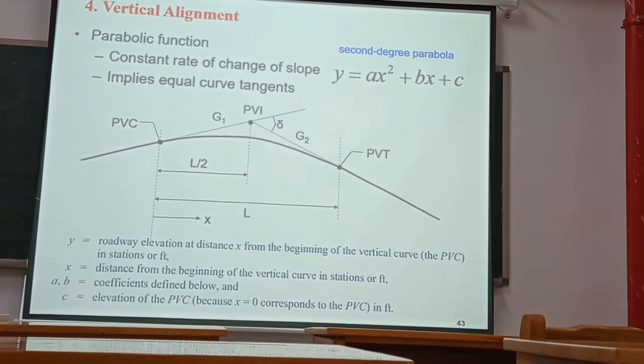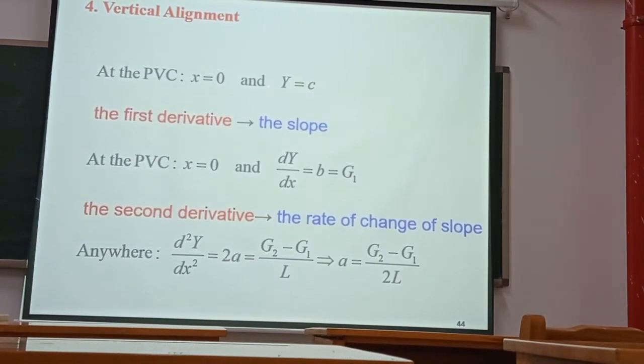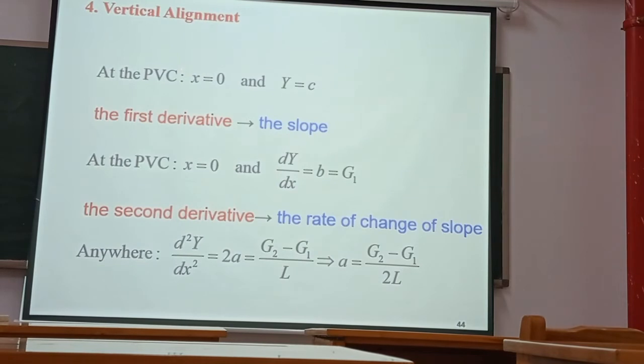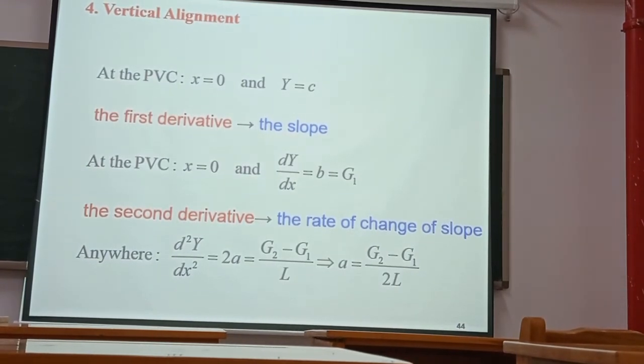We can use this formula, the parabolic function. We can get at the PVC x equal to 0 and y equal to c. So the first derivative is the slope.